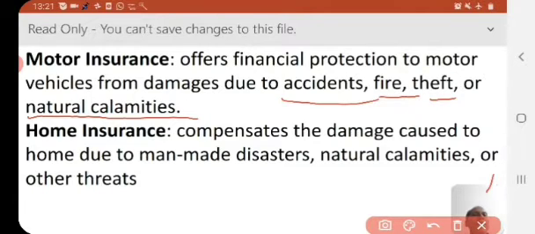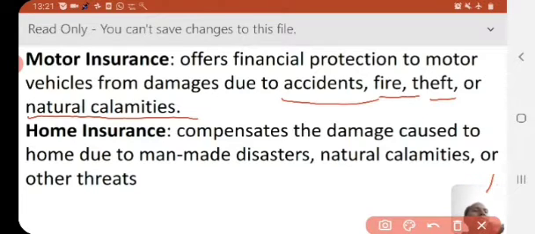Yes, okay. Now we shall see one example. In Vishakhapatnam, due to a cyclone, nearly 10,000 vehicles are damaged. It is an example. So, does the insurance company pay the amount for 10,000 vehicles? It is a big amount. Does it pay? Yes.